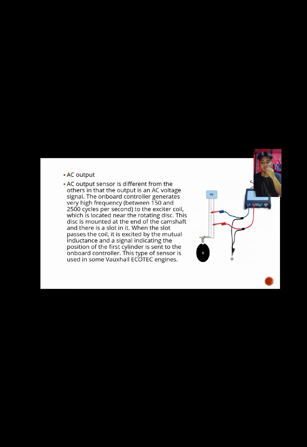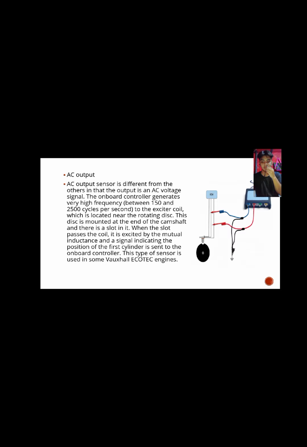AC output. The AC output sensor is different from the others in that the output is an AC voltage signal. The onboard controller generates a very high frequency, between 150 and 2500 cycles per second, to the exciter coil, which is located near the rotating disc.